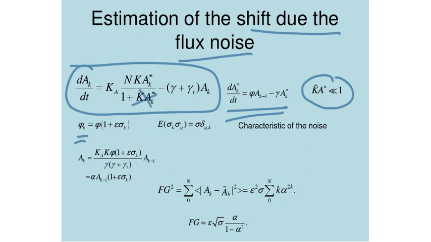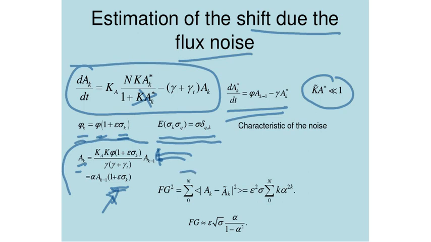The model is to say that the flux is phi plus a random variable, where you can assume, for example, that they are delta correlated with the positions K and Q. Using the steady state expression, you get this induction formula. Then when you want to calculate AK, you have this multiplication by 1 plus epsilon sigma K.